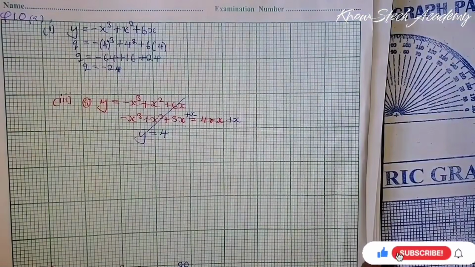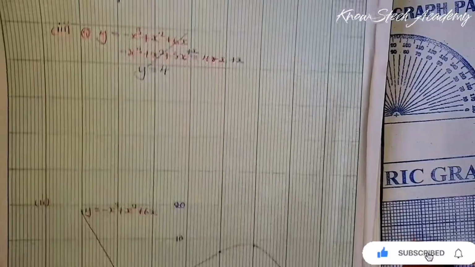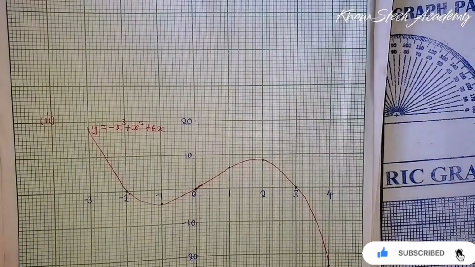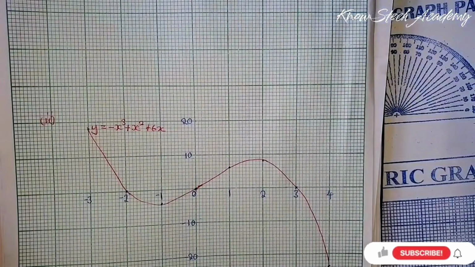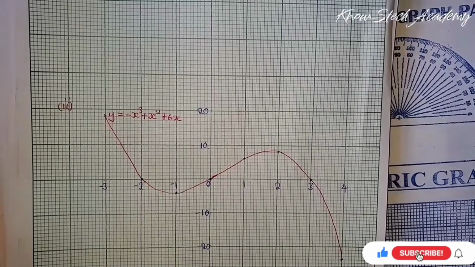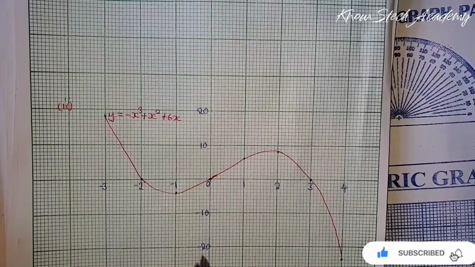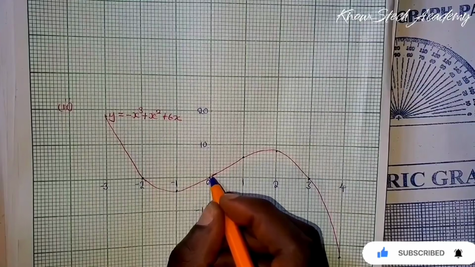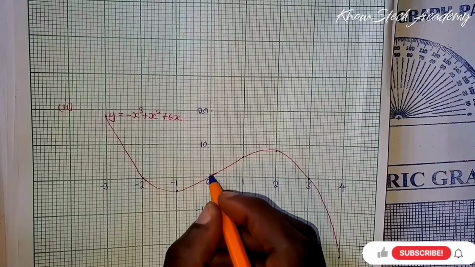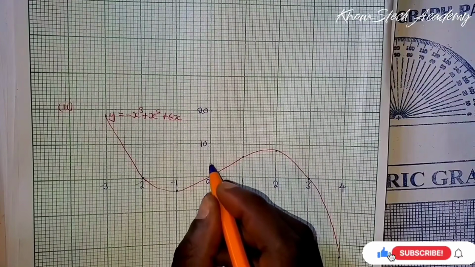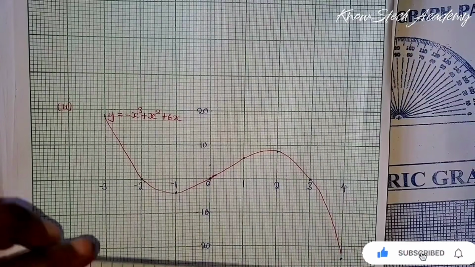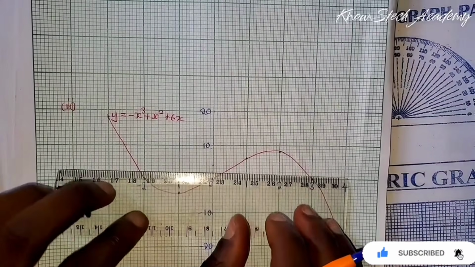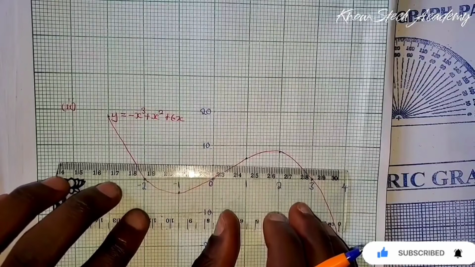So you go where y equals 4 on the graph. We are going to use a ruler to draw a line where y equals 4. Now first you count, this is 0. Remember, each small box is 1 on the y-axis. So this is 1, 2, 3, 4.